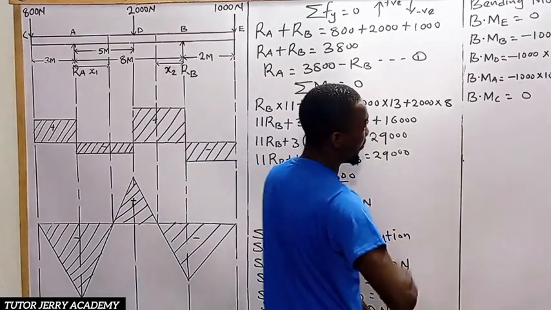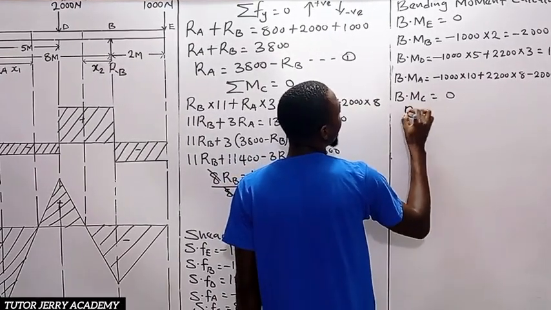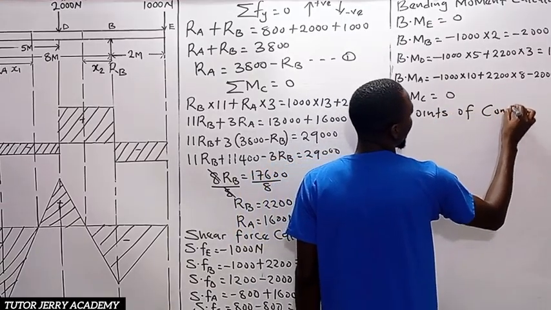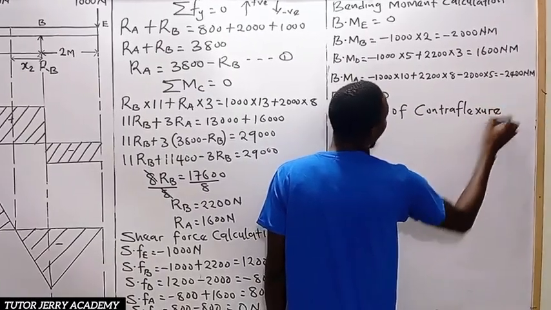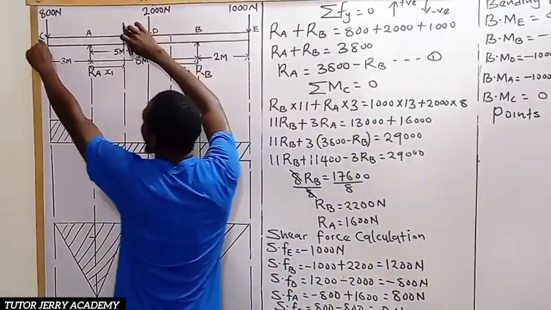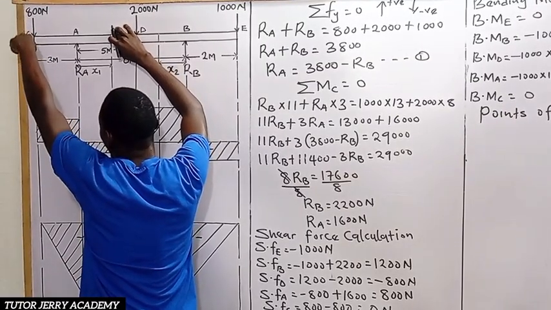So the first point of contraflexure, if we stand at this point, we're going to have 800. Don't forget this 800 here is a downward force.